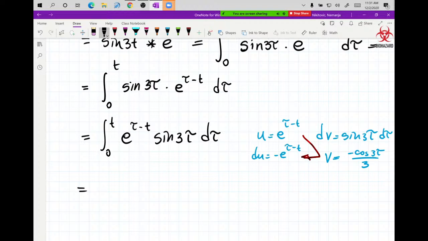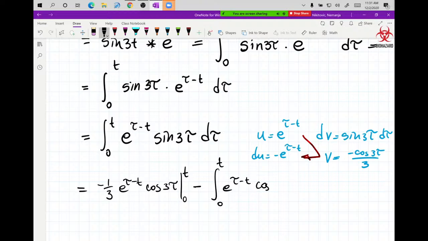What do we have? We start with negative 1/3 e to the tau minus t times the cosine 3 tau from 0 to t, and then minus integral 0 to t, and then we have minus and minus will give us plus e to the tau minus t cosine 3 tau, and there is a third in front, and then d tau.